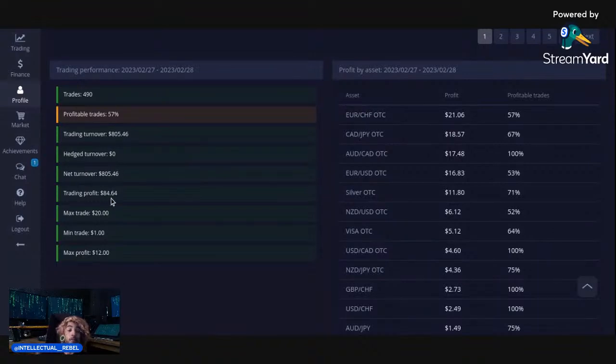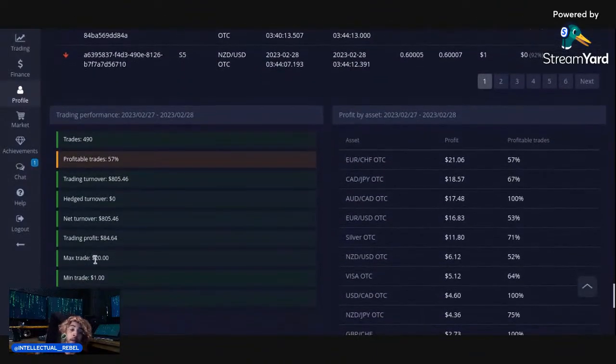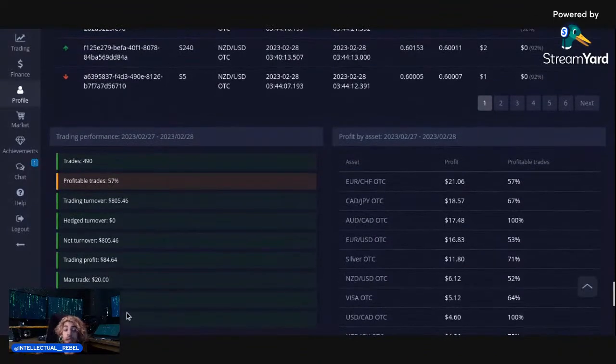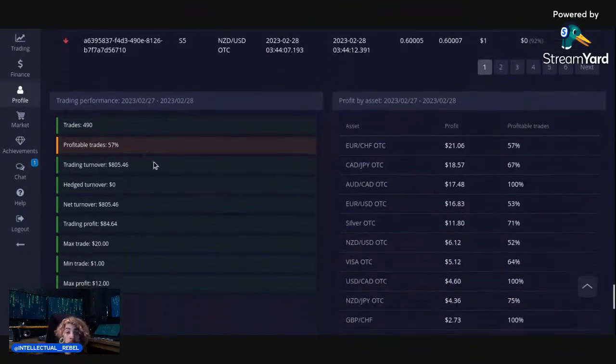My trading profit, $84.64. Max profit, $12. Max trade, $20. I did like three $10 ones, but the reason why it says I didn't enter a $20 one is I double clicked 10 two times, and then it said max trade 20, so it counted it as one. That's today.